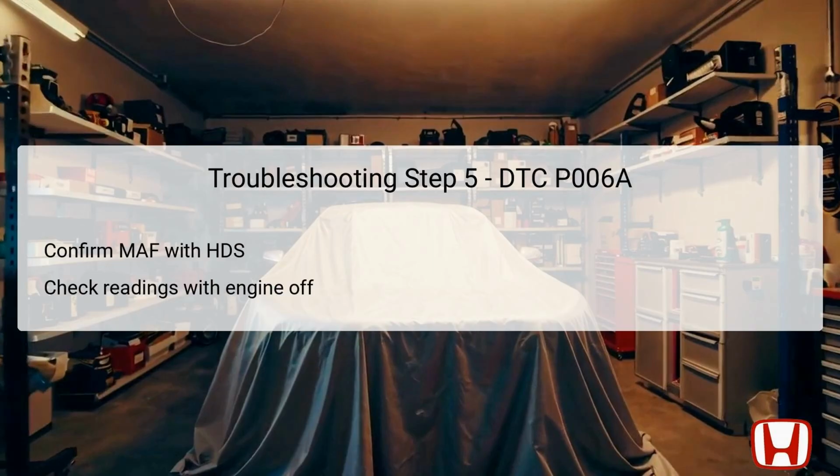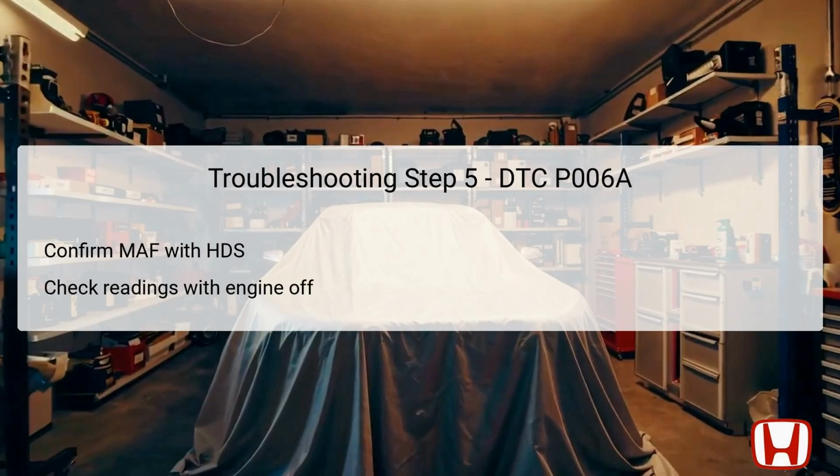In the fifth troubleshooting step, the focus shifts to confirming the operational status of the MAF sensor using the Honda Diagnostics System, HDS. Initially, the engine should be turned off during this check. You will want the HDS to evaluate the MAF sensor readings, which should normally be around 0.2 grams per second when the vehicle is in a resting state.